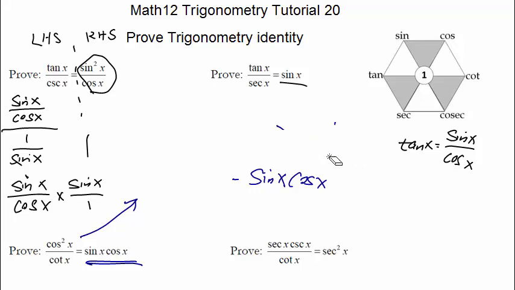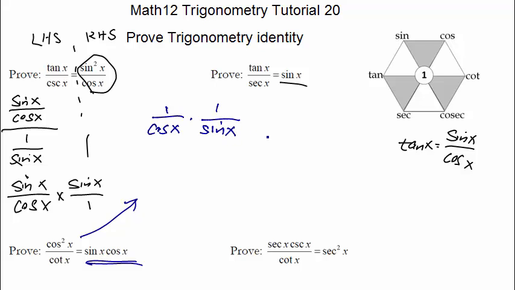The next one looks a little bit hard, but actually it's not. Secant x cosecant x over cotangent x. Secant x equals 1 over cosine x. Cosecant x equals 1 over sine x. Cotangent x is cosine x over sine x. Make sense?